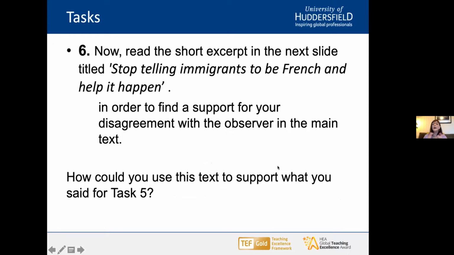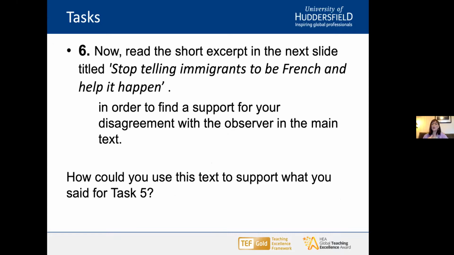Okay, now we are going to read another excerpt from another text. Its title is Stop Telling Immigrants to Be French and Let It Happen, Help It Happen. In order to find support for your disagreement with the observer in the main text, right?